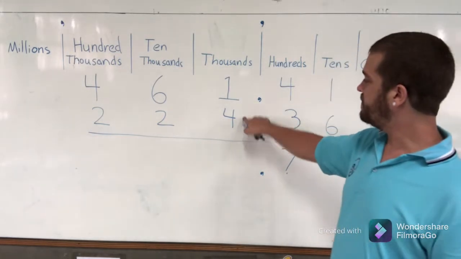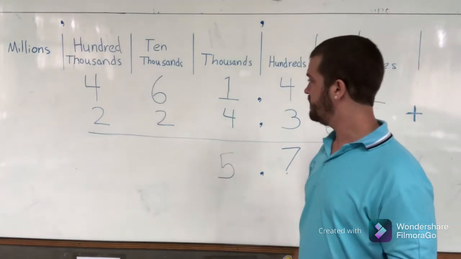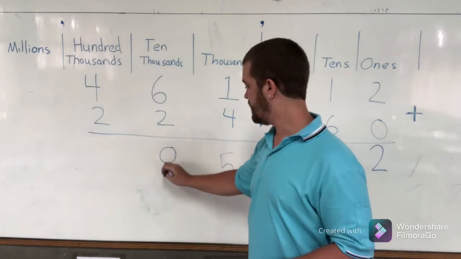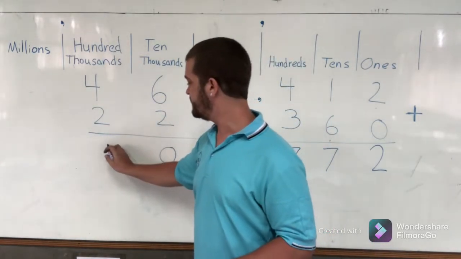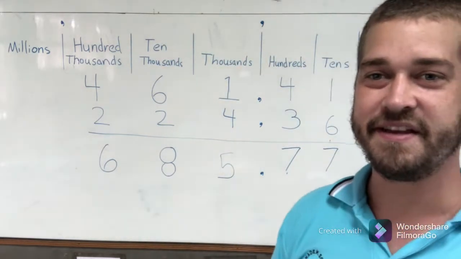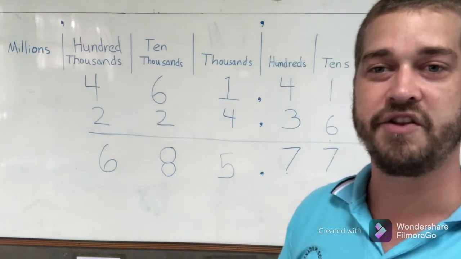Okay? 4 plus 1 is 5. 6 plus 2 is 8. 4 plus 2 is 6. Well, that one was actually kind of easy. Let's take a look at the next two to see if we can challenge ourselves a little bit more.